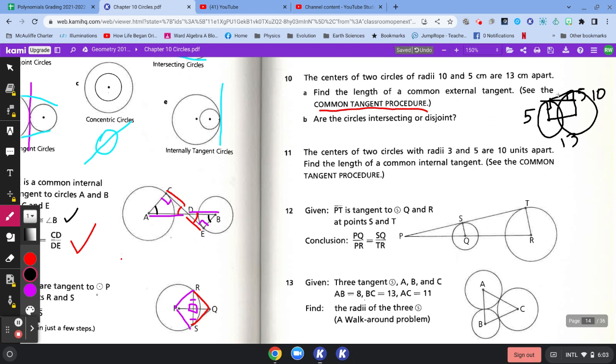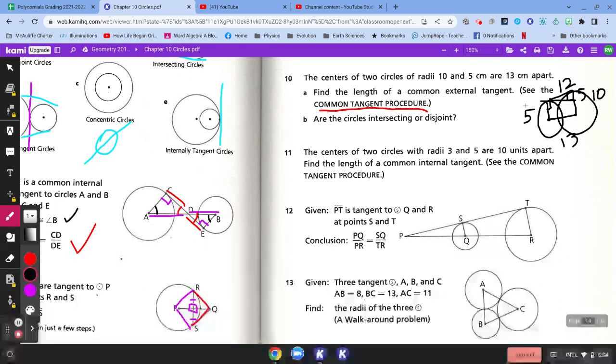And then this 13 is the hypotenuse because this is a right angle to the radius here. So I've got a 5, 12, 13 right triangle. So the length of the common external tangent segment is 12 units, 12 centimeters. All right, let's go on to number 11.